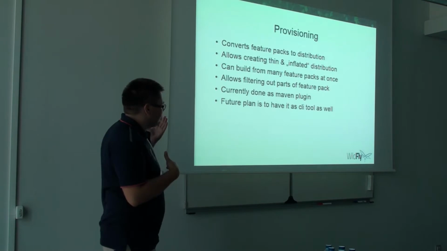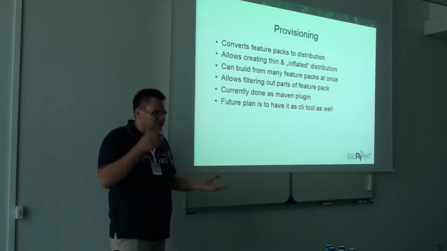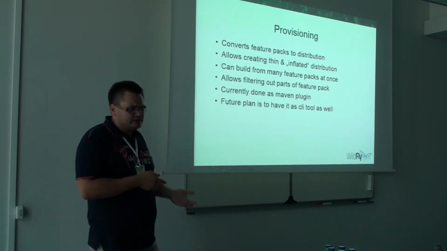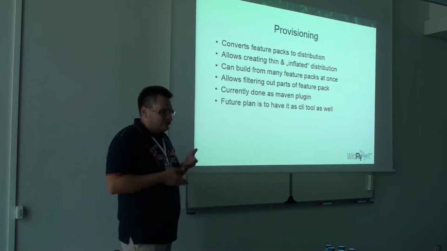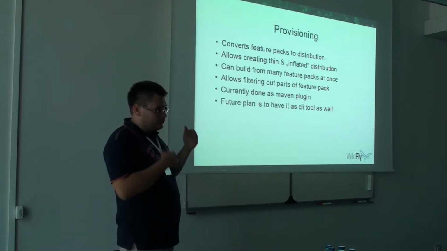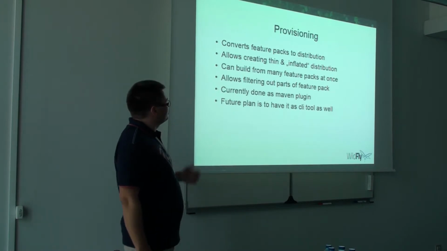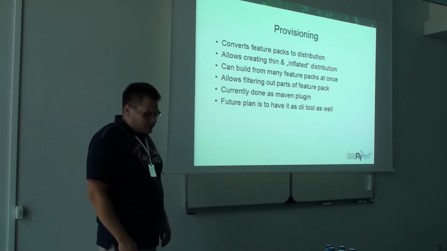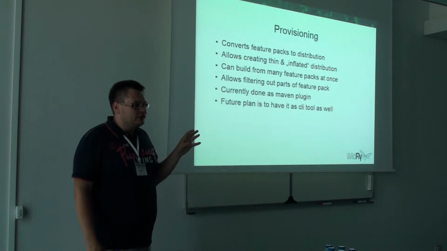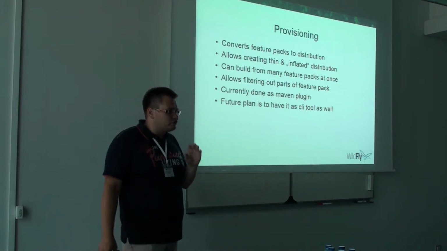The feature pack itself is zipped, and that zip artifact is then uploaded or installed to your local Maven or uploaded to Maven Central. This is what we do. And it allows you to create something called a thin or an inflated, fat distribution.